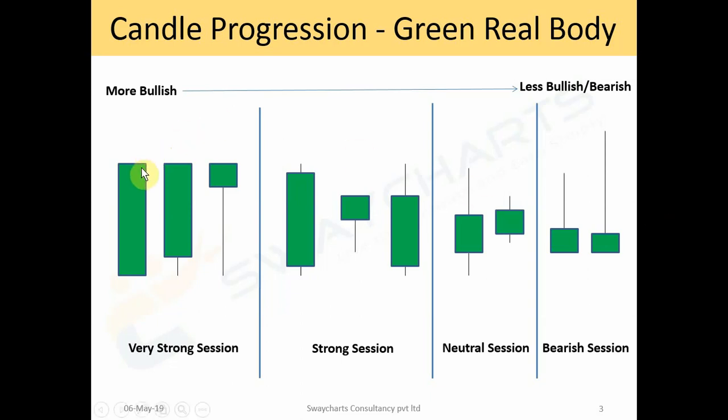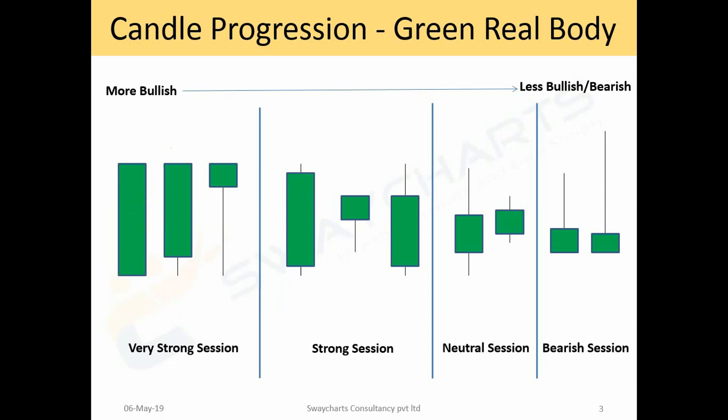So it started at the low and ended at the day's high, which says the bulls were in total control on this day. That is why this is a very strong session by the bulls, right?